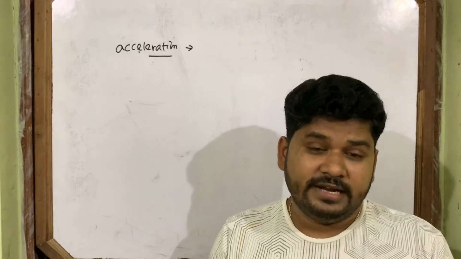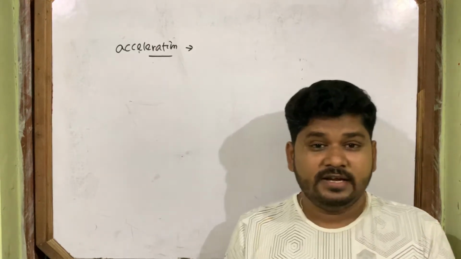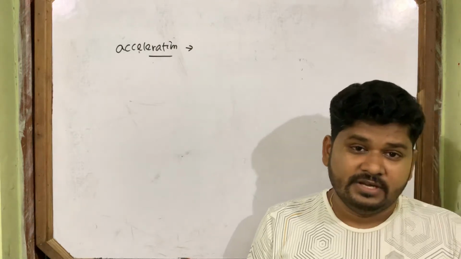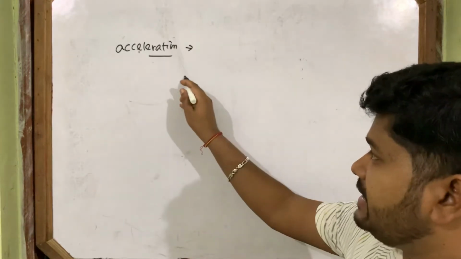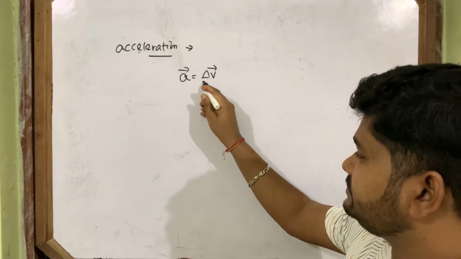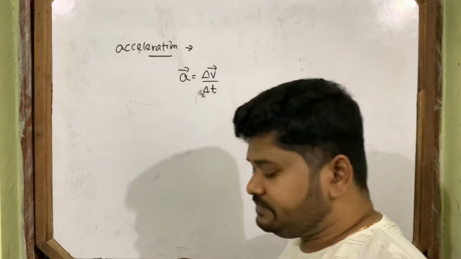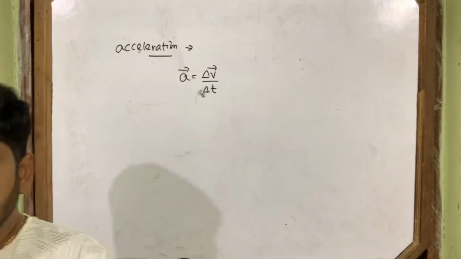So I can write the acceleration formula here: change in velocity per change in time, del v by del t.